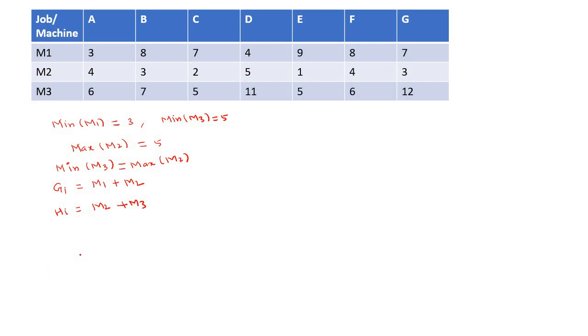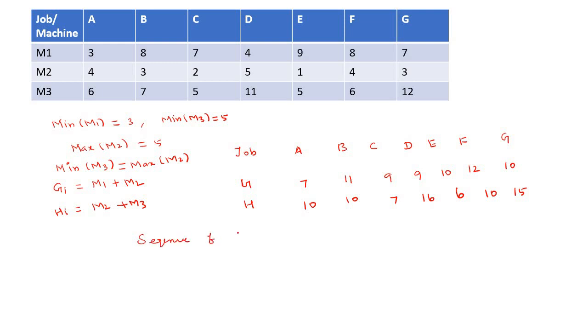So therefore we frame the value as job A, B, C, D, E, F and G. So we use G, we add the values 7, 11, 9, 9, 10, 12, 10 and H value is 10, 10, 7, 16, 6, 10, 15. So now we find the sequence of job.